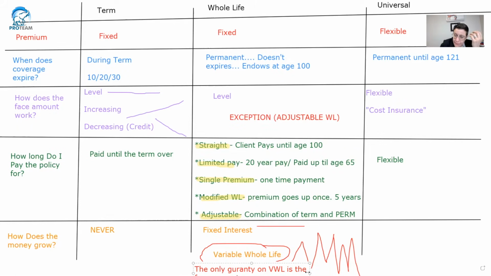Here's what that means. If the market goes up and I make a ton of money, awesome. My face amount is going to be 100,000 and my account value is going to be a lot. But if for whatever reason the market goes down, which it did a lot the last couple of weeks, and I lose all of my money, my insurance will still stay the same, 100,000.